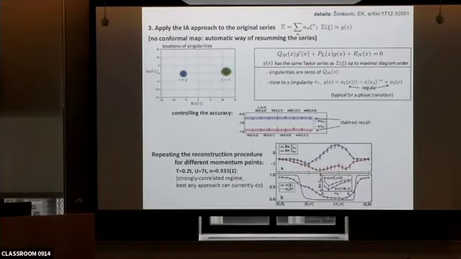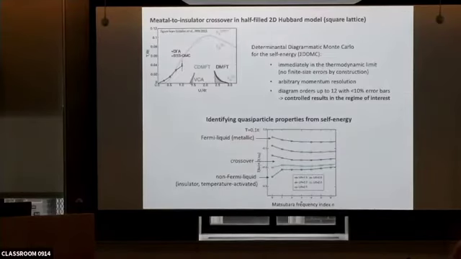Right. Okay. So back to the metal to insulator crossover problem. Having access to the self-energy allows us to identify quasi-particle properties.